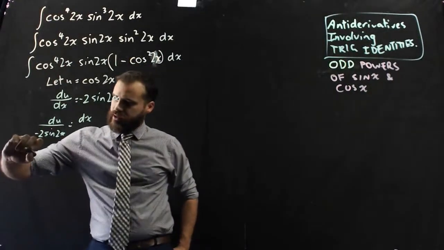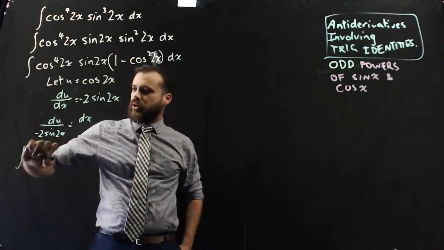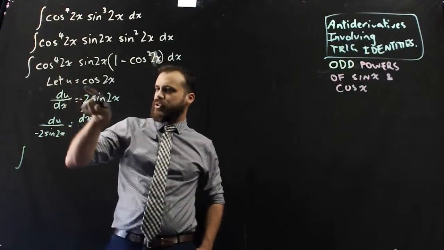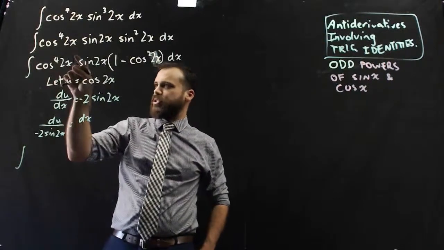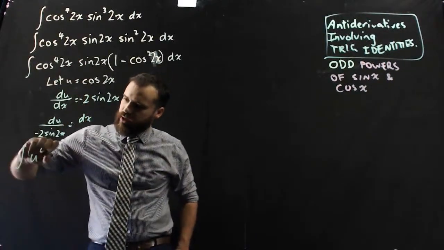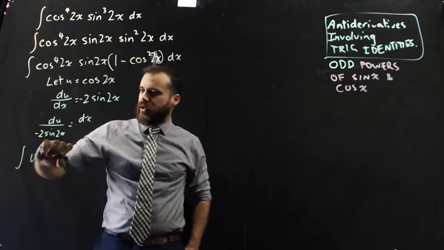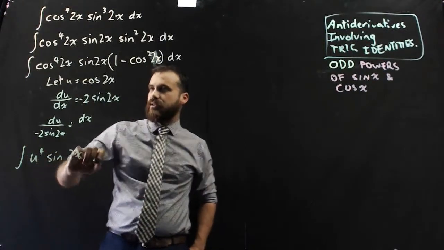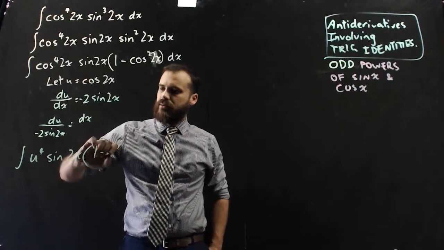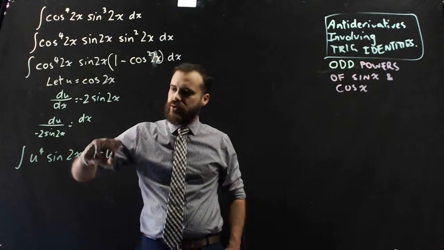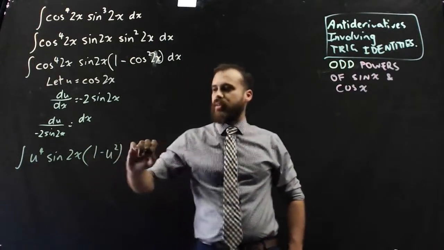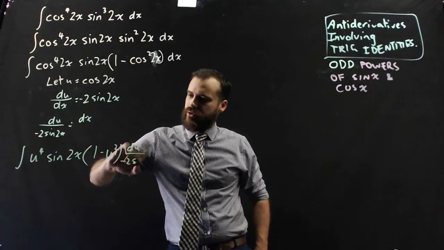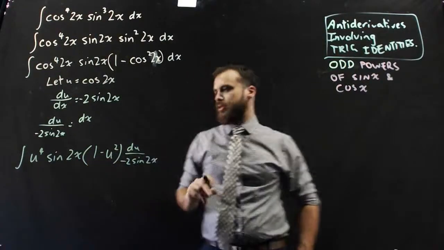So then it's the integral of, now cos to the 4 2x, you might be tempted to put that straight in, but u is cos 2x, and cos to the 4 2x is cos 2x to the power of 4. So it's going to be u to the power of 4 sine 2x times 1 minus u squared, then du over negative 2 sine 2x.